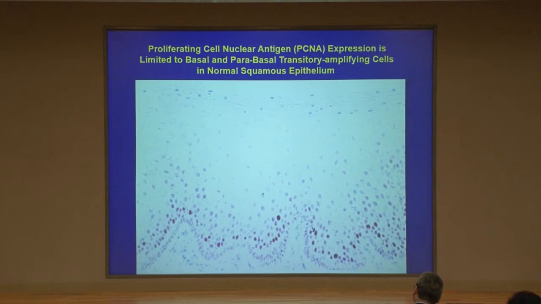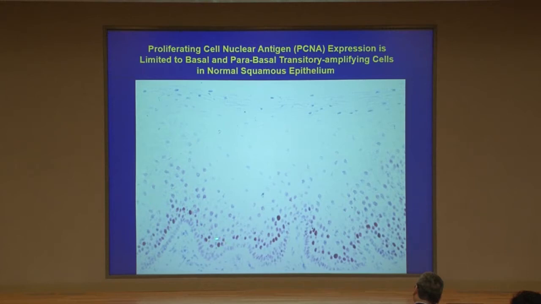So the issue is that in a normal tissue, the only cells that can divide, can support cell division and replicate DNA, are the basal as well as parabasal cells. Normally, the parabasal cells are the so-called transit amplifying cells. They divide every day.